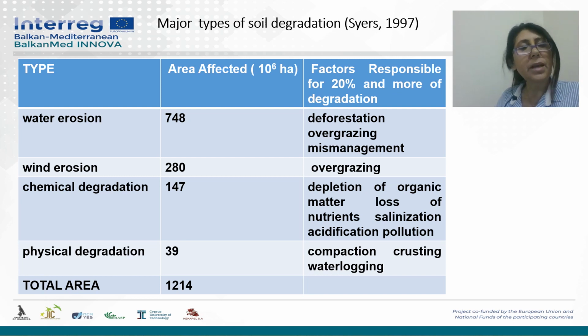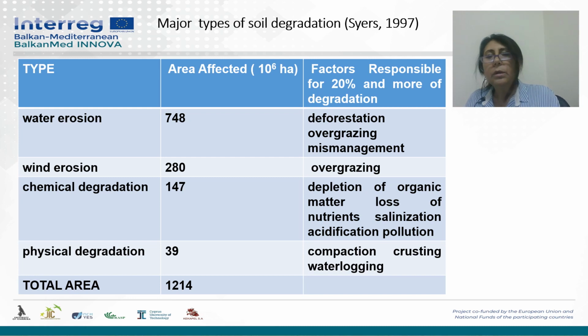Have a look, please, at this table. This table again has the function to summarize different studies about the impacts of human activity on the soil. So, water erosion is a bad effect that agricultural activity causes to the soil.